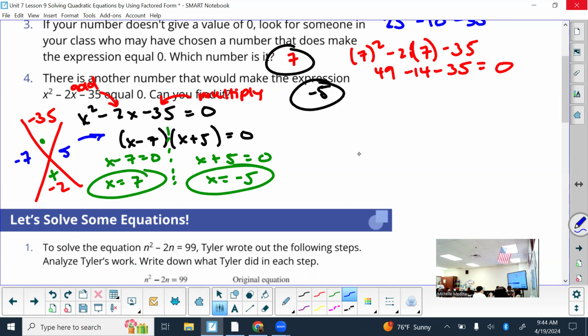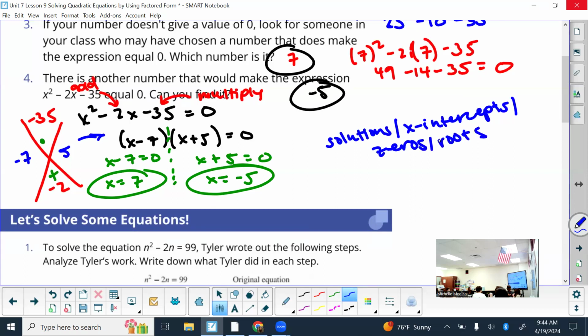Okay, so remember, solutions, what are other words for our solution? X-intercepts. What else do we call them? Zeros. And also roots, although I feel like the others just make so much more sense. Solutions are values for the X that makes it true.